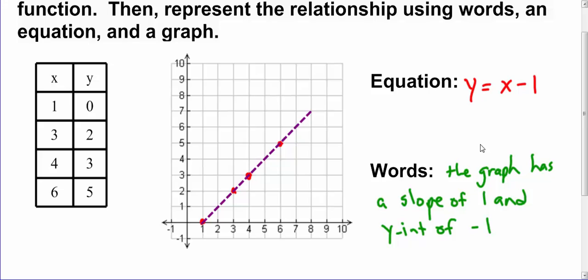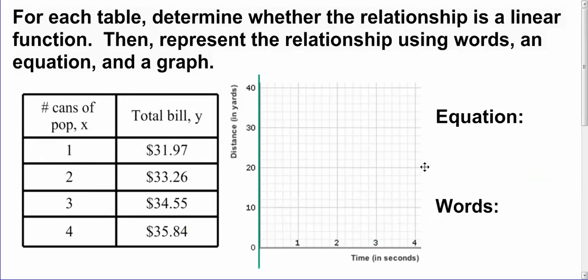You have to kind of envision that line moving further to the left to find that y-intercept. Knowing that the slope was up 1, right 1, you could go down 1 and left 1, and there's your y-intercept right there. And then the slope, of course, is 1. So y equals x minus 1, and I just, in words, described it that way. There are plenty of other ways you could use words to describe that, but I felt like that was as good as anything, so I went with it.